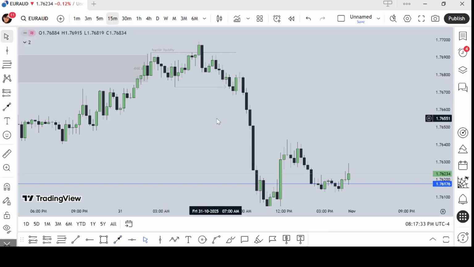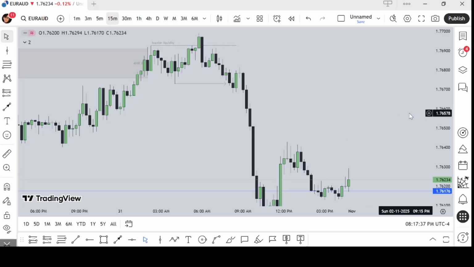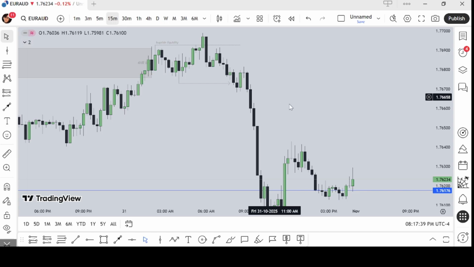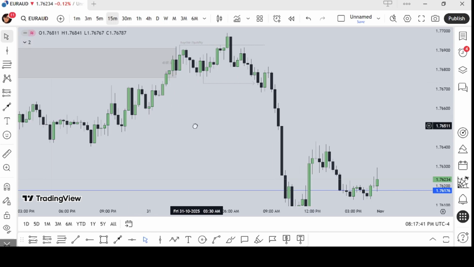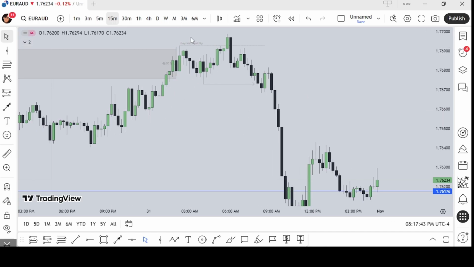That's the shift in market structure, right? It is not a break in market structure, it's a shift in market structure, which means price wants to reprice going bearish. So all I need now is to catch this candle.